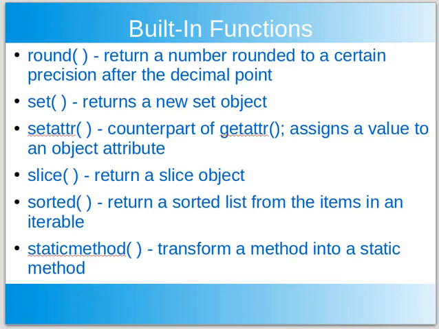Set returns a new set object. Setattr is the counterpart of getattr. Assigns a value to an object attribute. Slice returns a slice object. Sorted returns a sorted list from the items in an iterable. Staticmethod transforms a method into a static method.